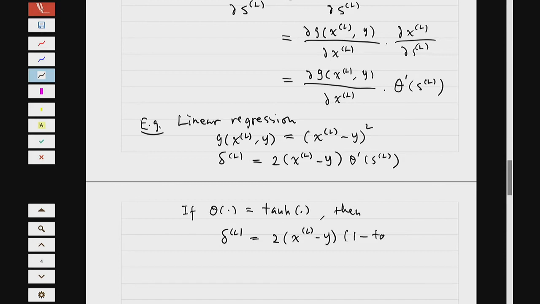Theta squared is simply the hyperbolic tangent squared of S of L. Again, S of L you also have from the forward propagation at the current stage. So that's it. You know how to calculate the delta for the last layer. We're done. And now we just need to figure out how to go back.